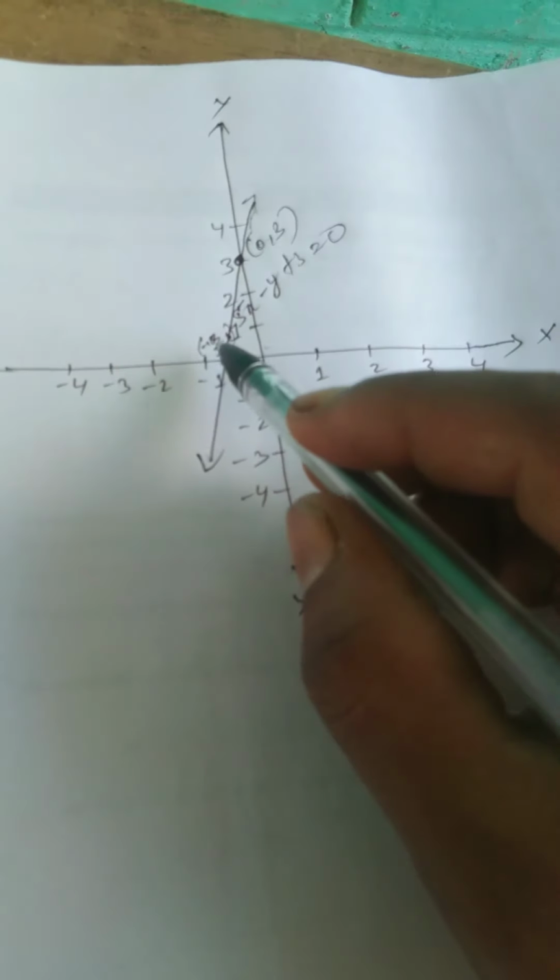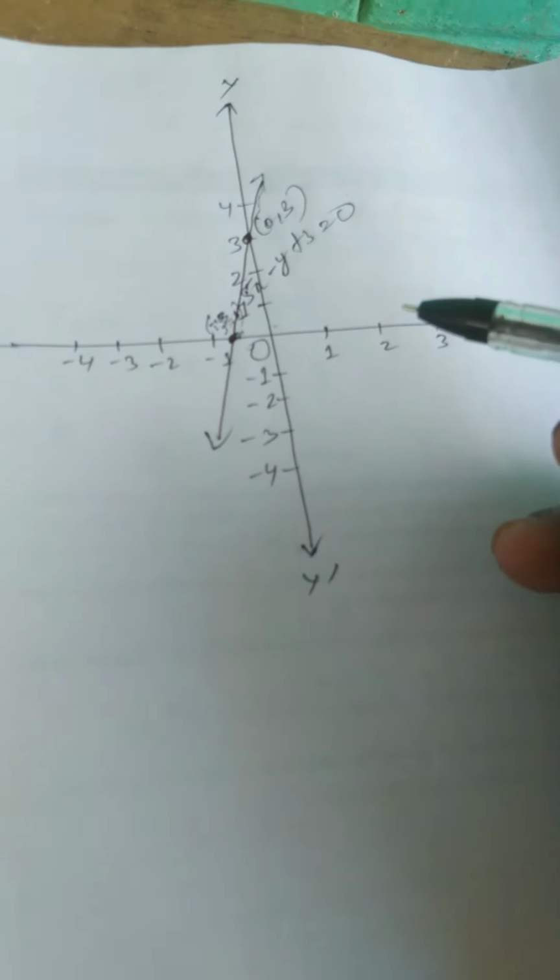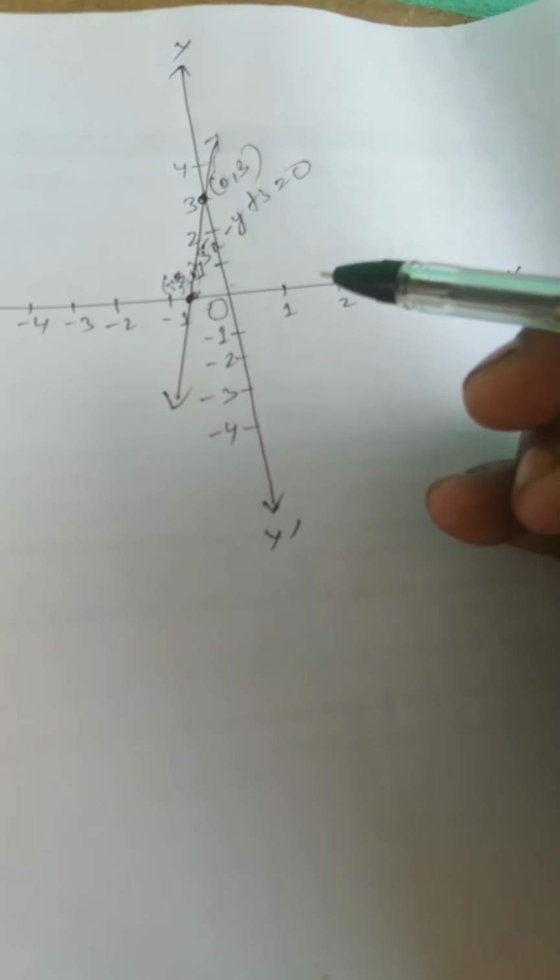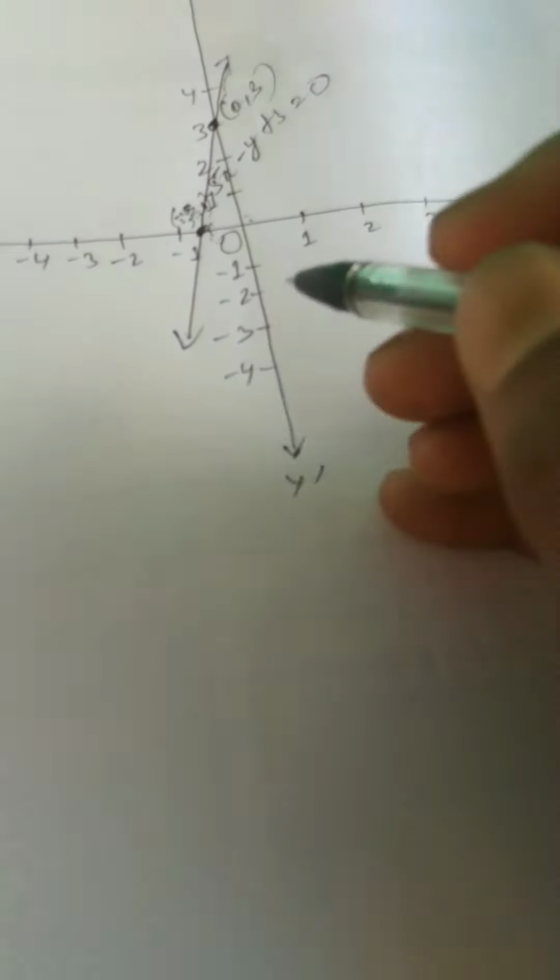It is not shown clearly here, but the point is minus 3 by 5 comma 0, because the value of minus 3 by 5 is minus 0.6. 0.5 means half of this, and 0.6 means crossing a little bit over 0.5. So you get minus 3 by 5, 0.